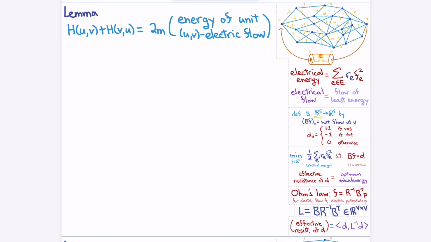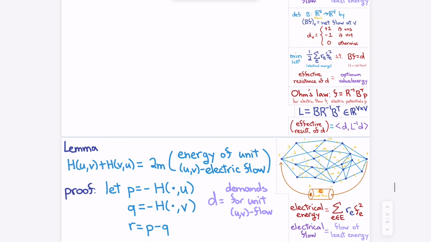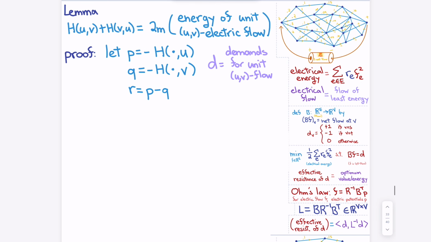Oh, there's nothing here. Any ideas? Okay. So let p be the potential defined by negative hitting times to u. And let q be the potentials defined by hitting times to v, negated just like before. And let r be the difference of the two potentials.